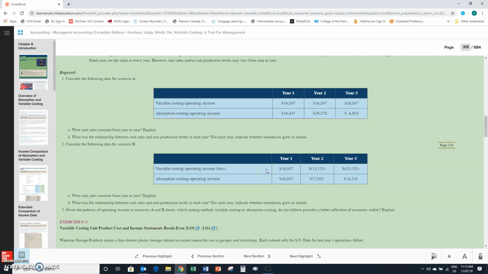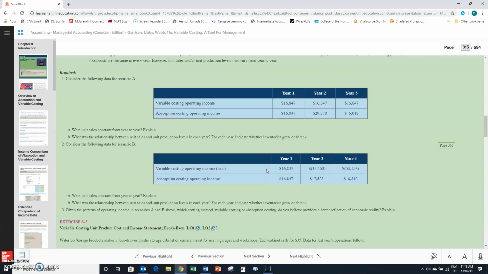Because it's affected by sales, it usually moves in the same direction given everything else remaining constant. That's why they told us that everything else was the same, that only sales and production changed. So given that everything else is constant, our variable costing operating income is decreasing every year, so I'd say our sales are decreasing every year.